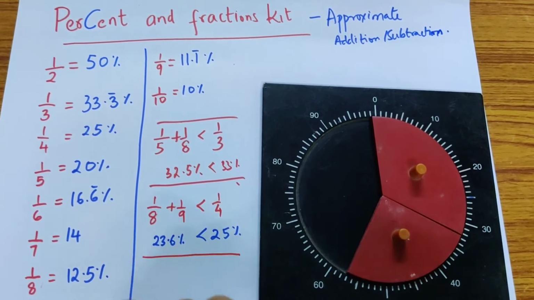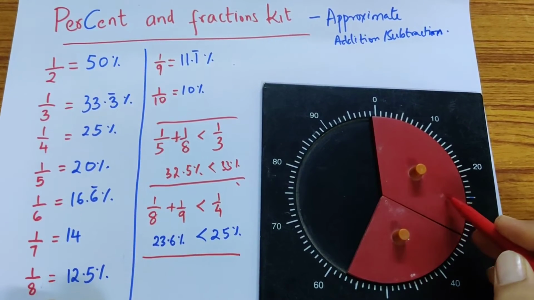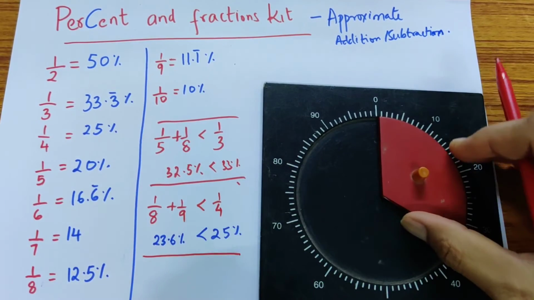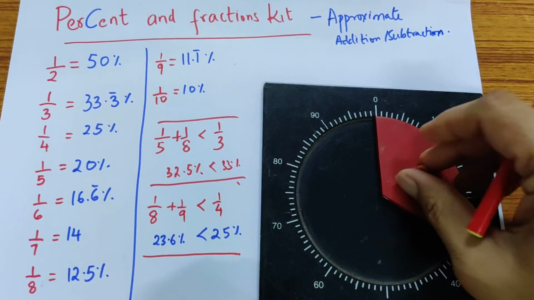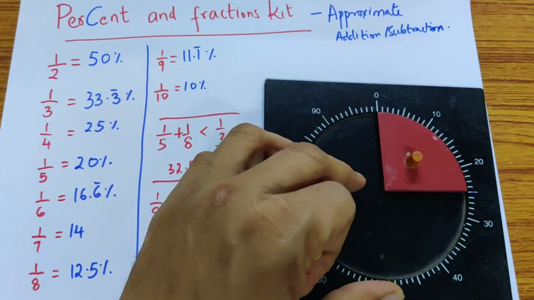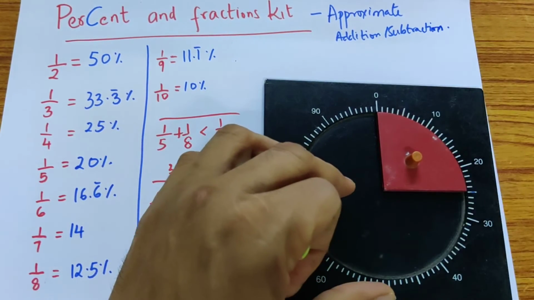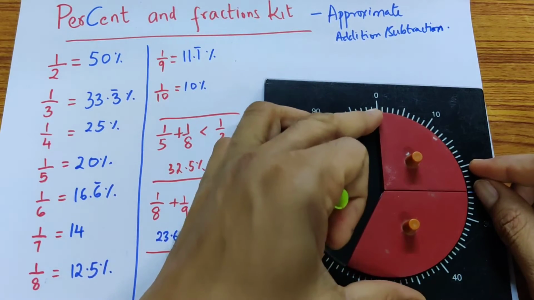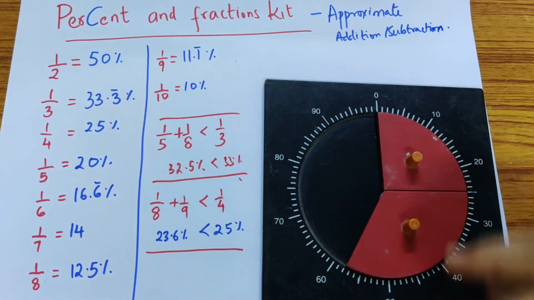So I've been given this challenge by Arham. It's 1/3 plus, you can see this is 1/3, it's around 33, right? And this is of course a quarter, you can see the quarters without problem. So if I add the two, of course you add 1/3 with a quarter or you add a quarter with 1/3, it's the same. It doesn't matter which order you put them.